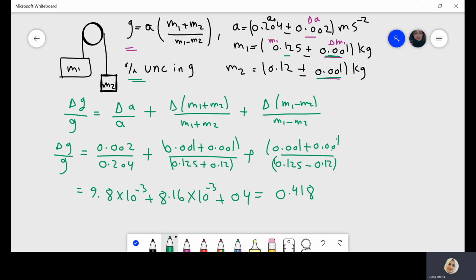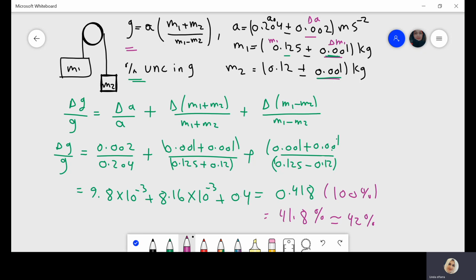For the percentage uncertainty, just multiply this number by 100. When I multiply by 100, I should get 41.8%, which is around 42%. This is the percentage uncertainty in the free fall acceleration.